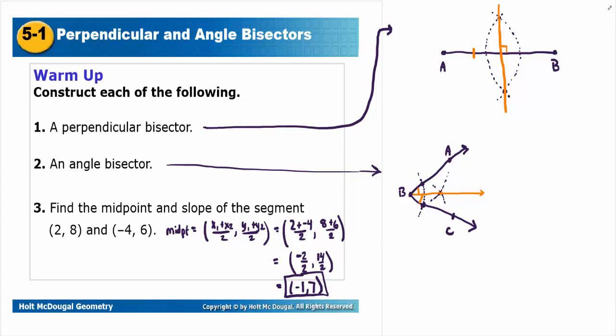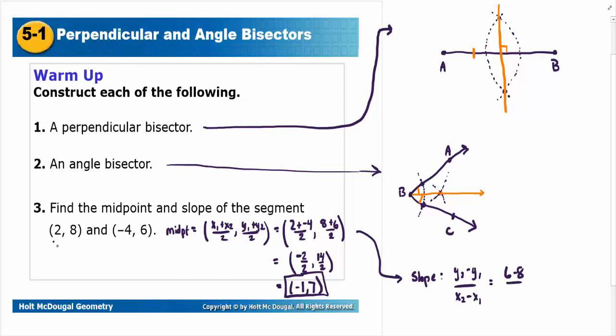Next up, we will find the slope of the segment, and you need to know how to find slope. That's going to be y2 minus y1 over x2 minus x1. So in this case, y2 minus y1, I'll do 6 minus 8.